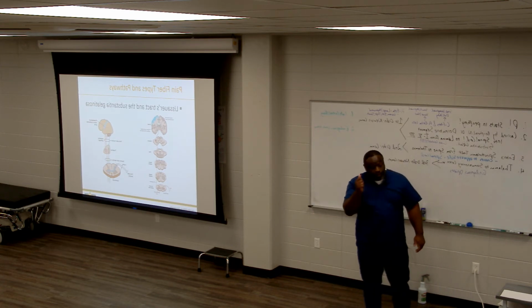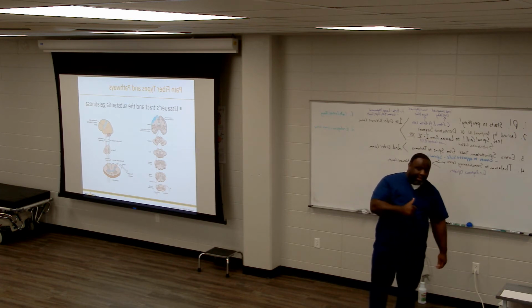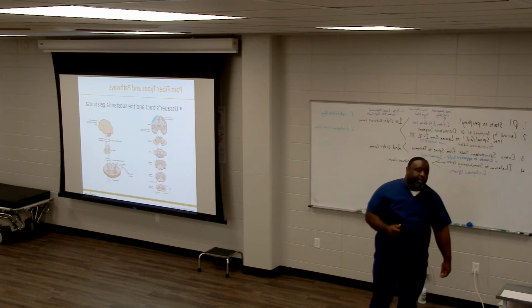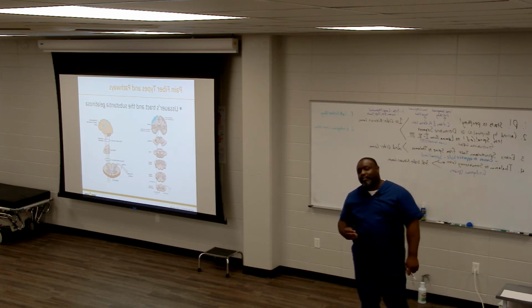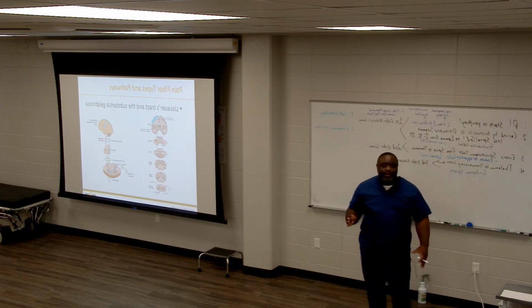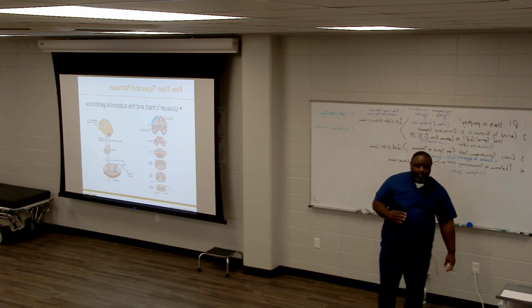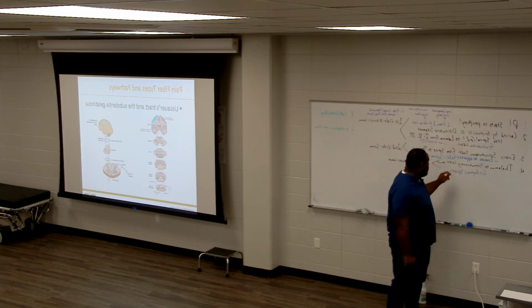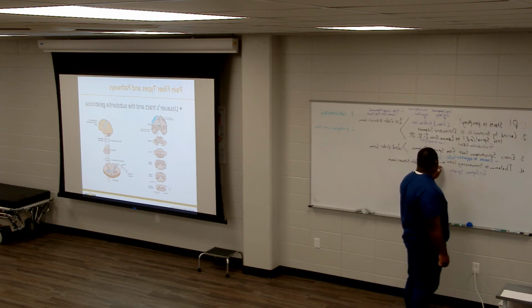There are different ones. I can have endorphins, I can have enkephalins, I can have serotonin, I can have dopamine released. All of these things have the potential to be released. The two primary ones that are released through this are endorphins and enkephalins.